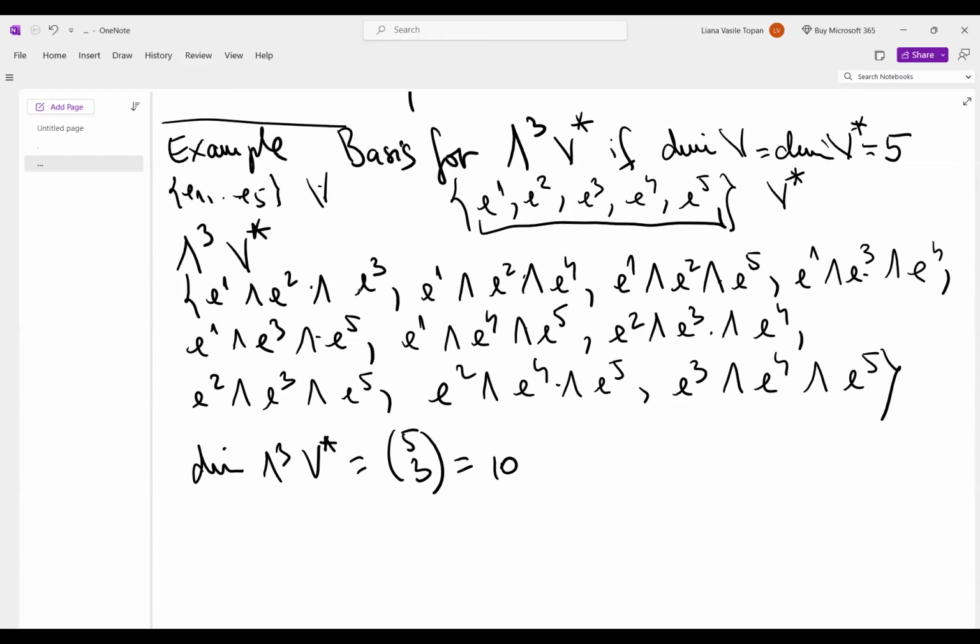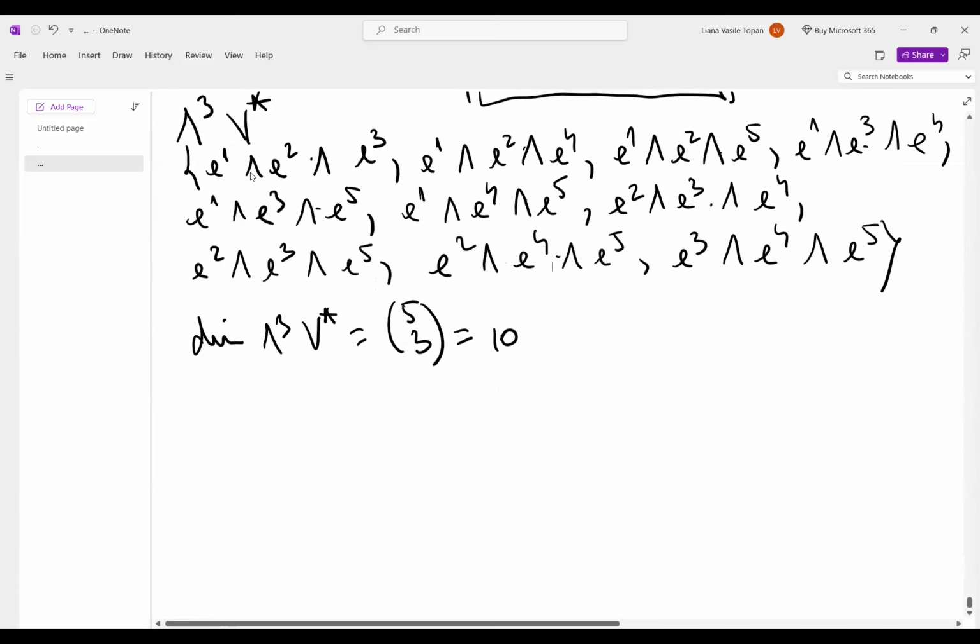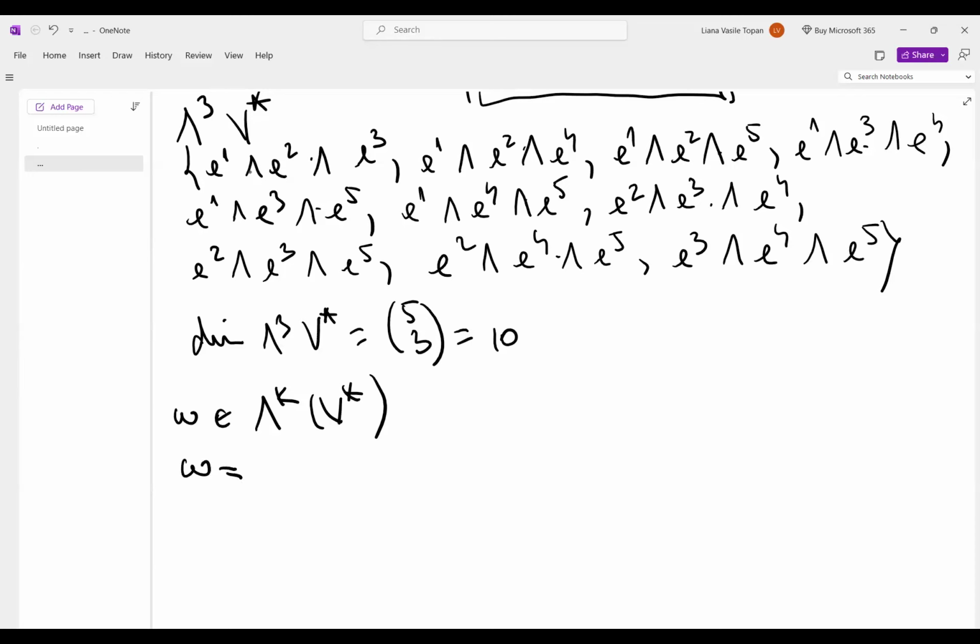Okay, so we are able to write a basis for these exterior powers, and they are given using the wedge product. Which means that if you have omega, an alternating K form on V star, then this omega can be written in a unique way as a linear combination of elements of the basis.